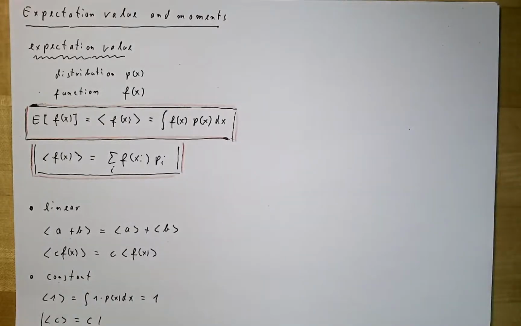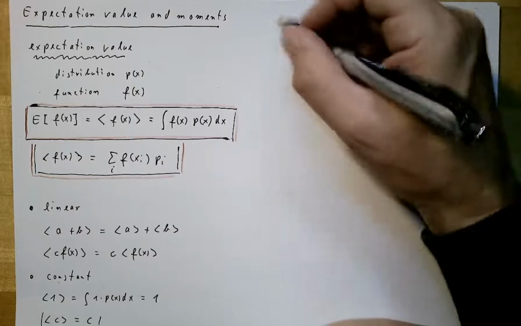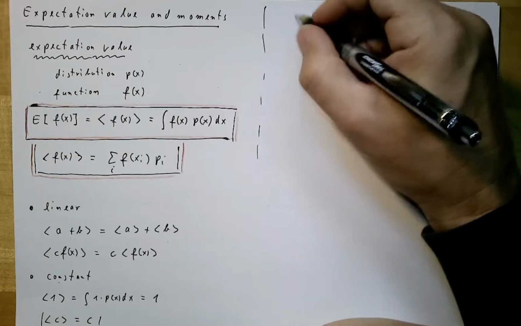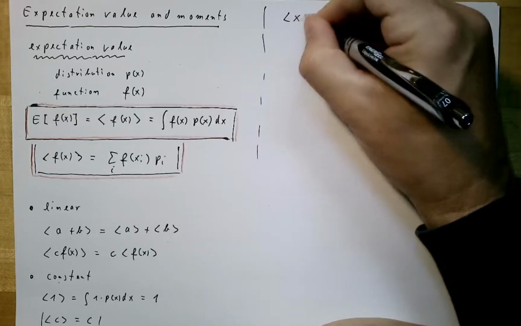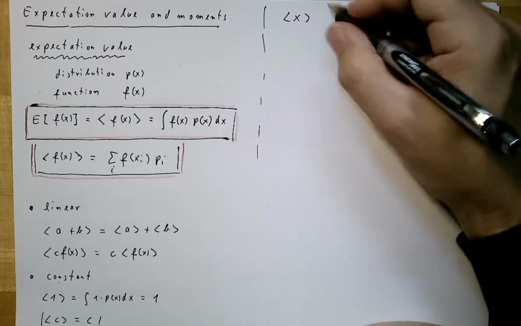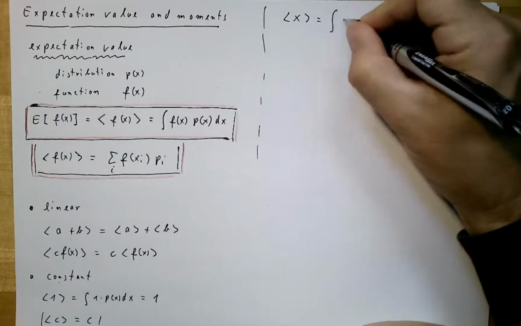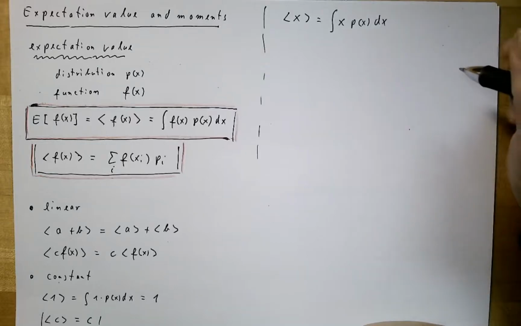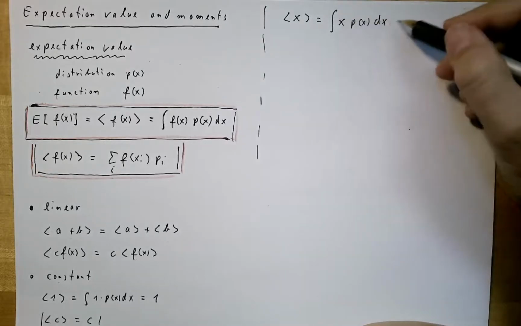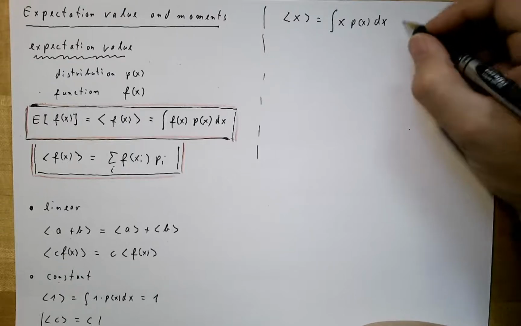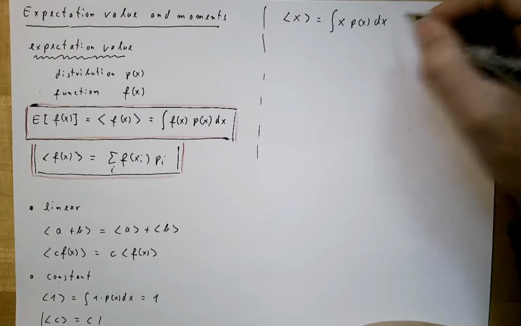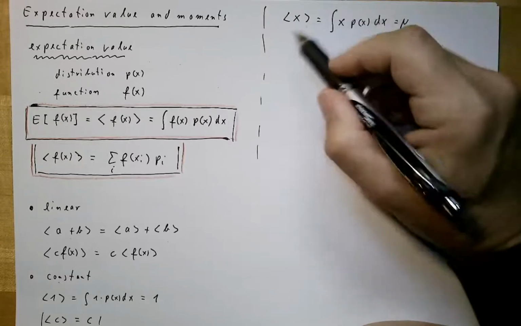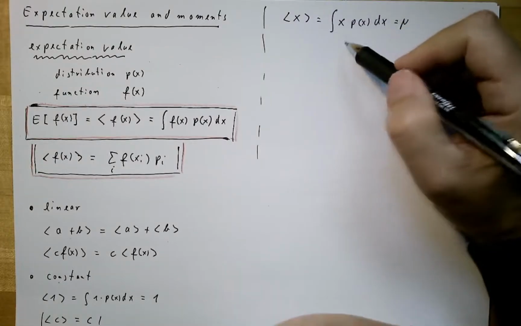So let's take as another example, what is the expectation value of the identity function? Let's take the expectation value of x. So what is this? That's the integral x p of x dx. And this is the fundamental, also the first dominant property of a distribution, the expectation value of the random number itself.